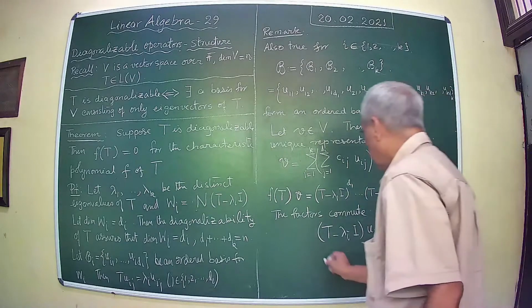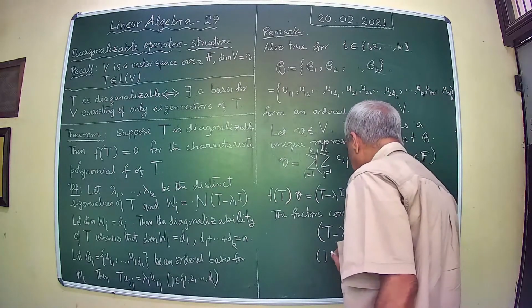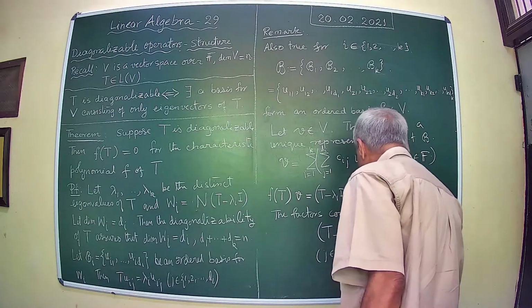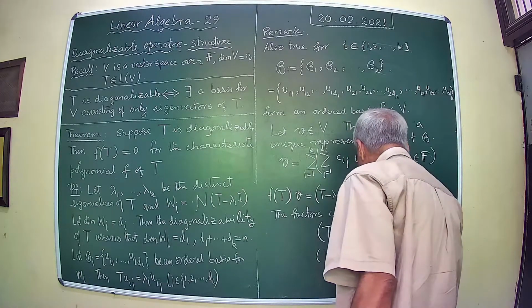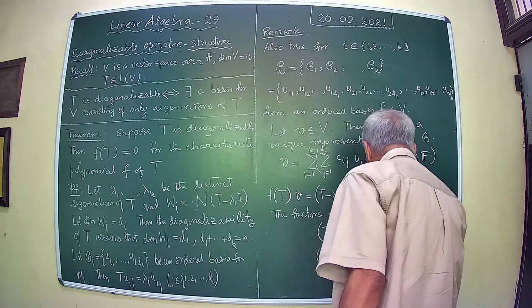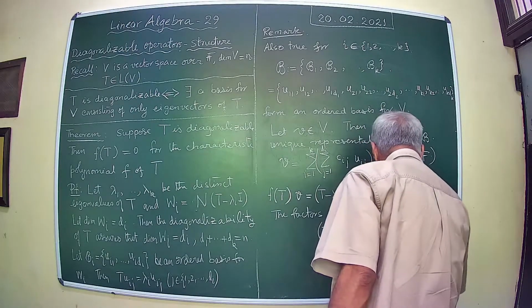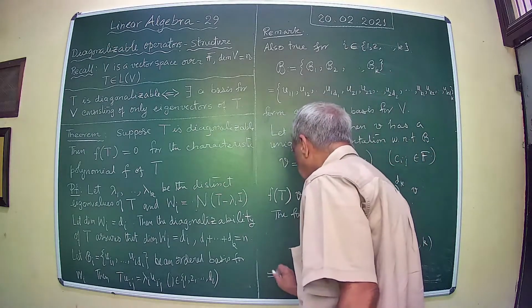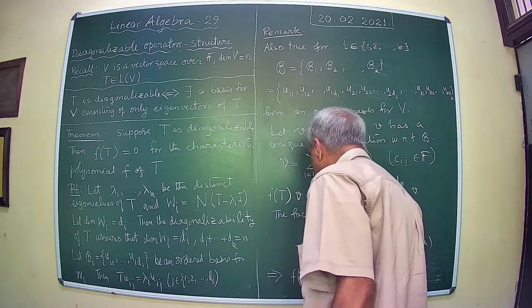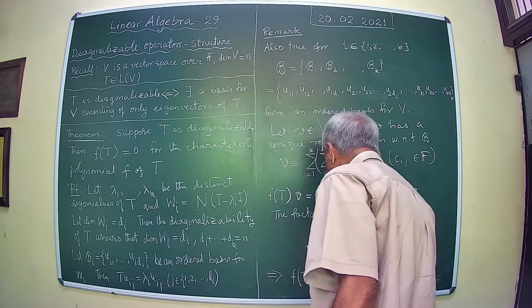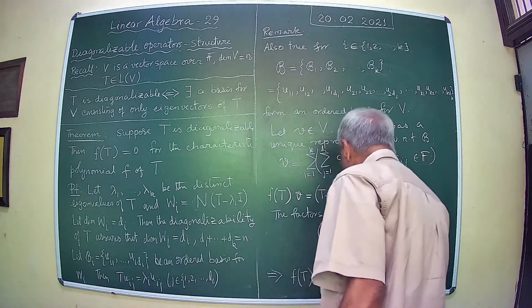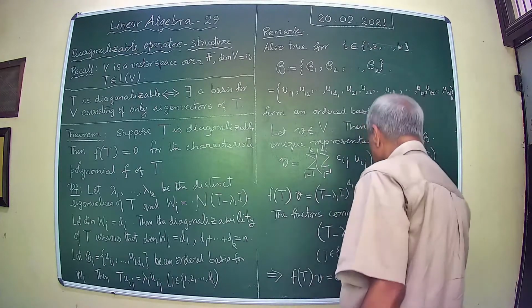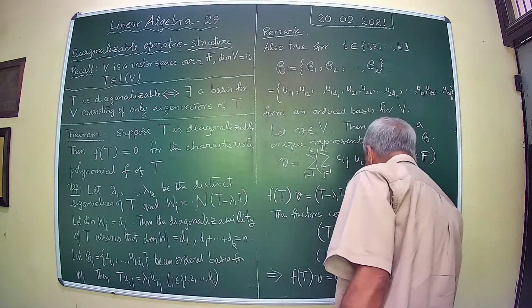This is true for j running from 1 to di and i running from 1 to k, which implies f(T) equal to 0.